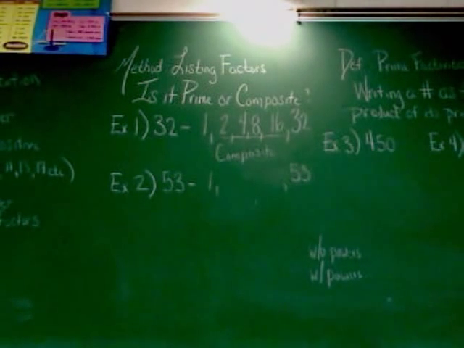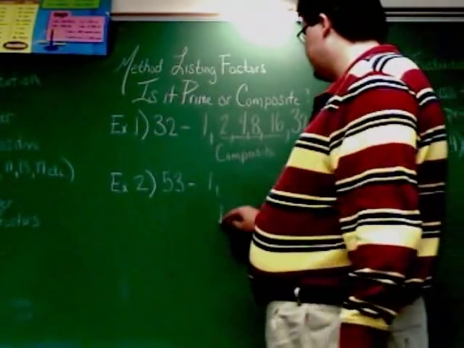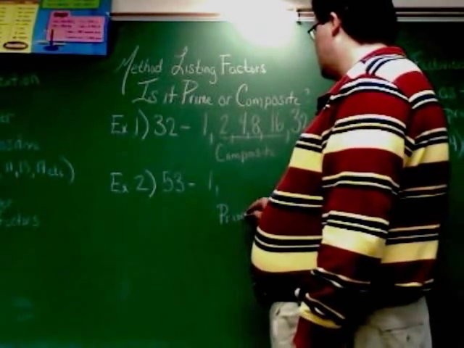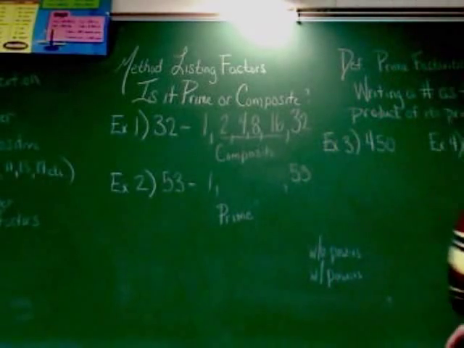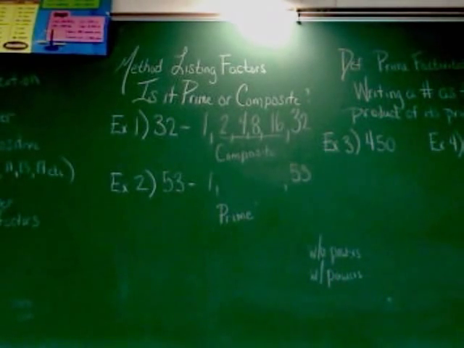I think that's it. Yes, you're correct. There are no other factors of 53. So by definition, that means this is a prime number. The only two numbers I can multiply to make 53 in a positive sense are 1 and 53. That makes it prime.